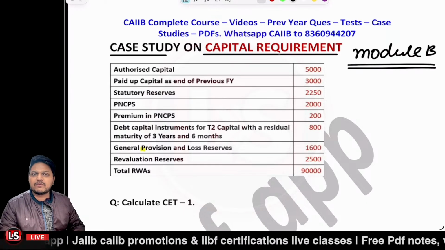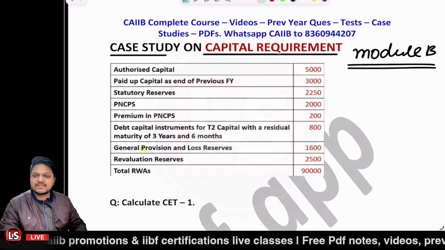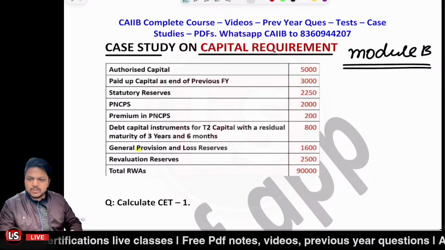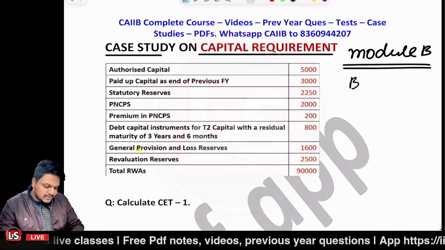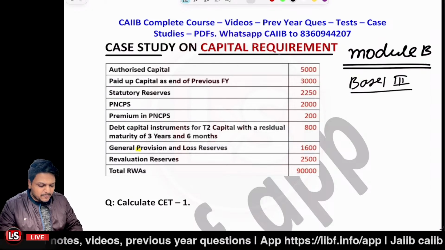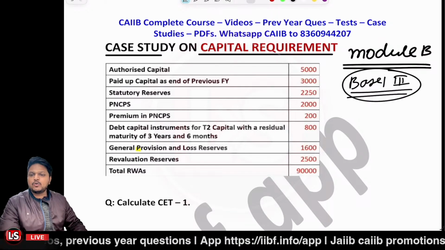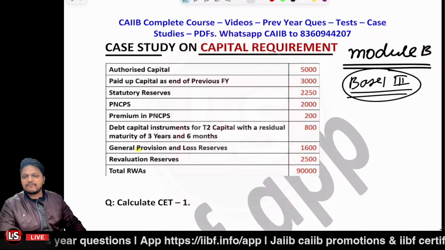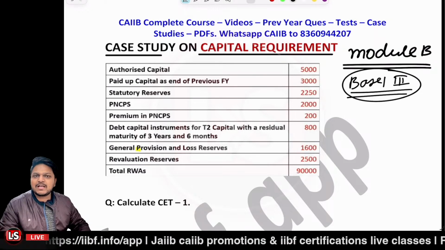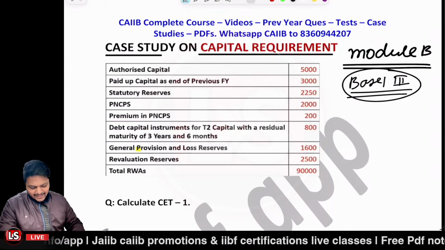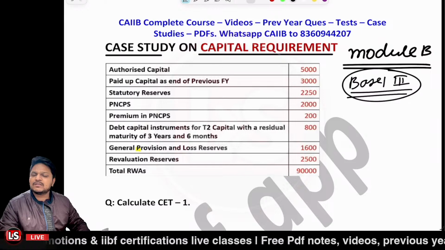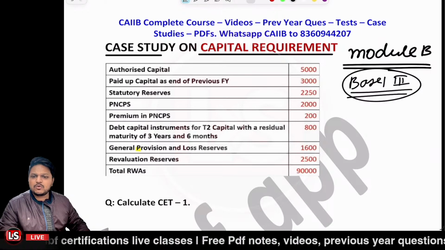Today we are going to cover the concepts and further case study related to module B. I've told you the concepts related to Basel 3, what is the standardized approach for credit risk, also the internal rating based approach, whether it is FIRB or AIRB, advanced internal rating based approach. I told you about the components of the capital, and this case study is related to the components of the capital. So we are going to discuss this case study.